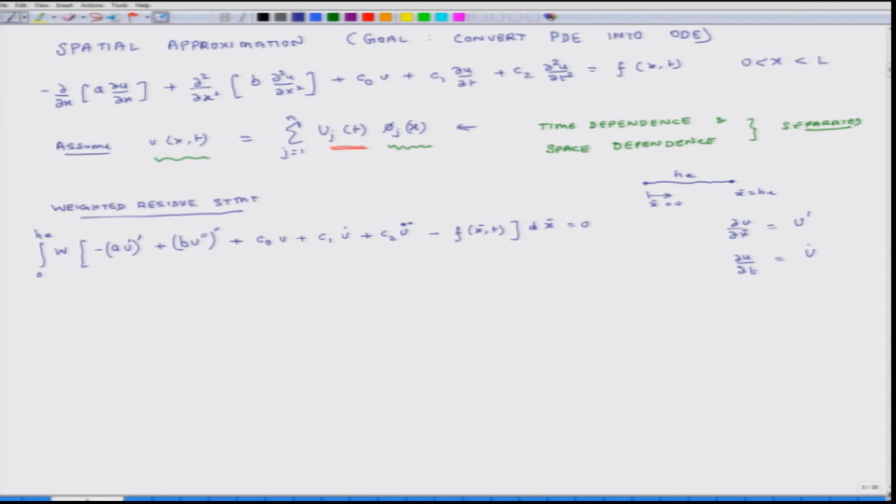So, this is my weighted residue statement, and now what I am going to do is weaken the differentiability conditions on the partial derivatives for x. So, we are going to develop a weak formulation for this. Let us say this is equation 1.